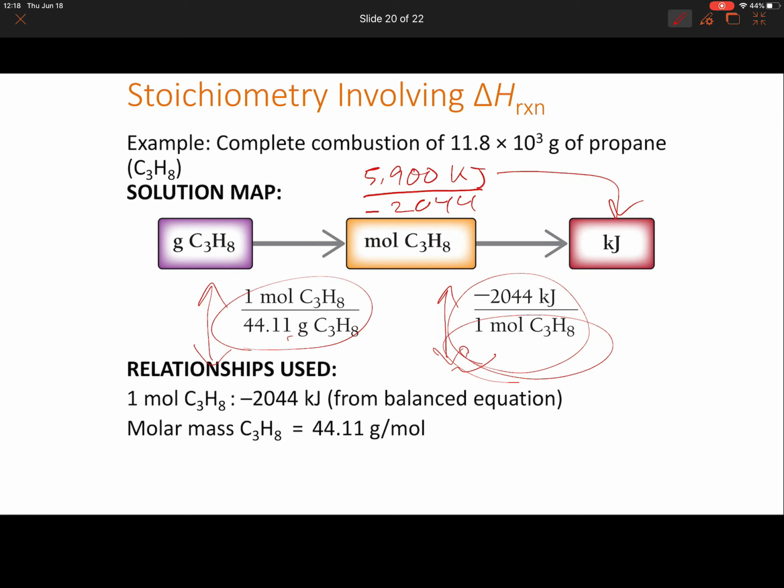We could also ask about how much oxygen there was. Once you found out, you would have to look at the relationship. It would be 5 moles of oxygen instead of the 1 mole of propane. So from this number, we could still figure out how many moles of oxygen there was, and then how many grams of oxygen there was. Those are the ways that you would move forward and backwards on these problems.